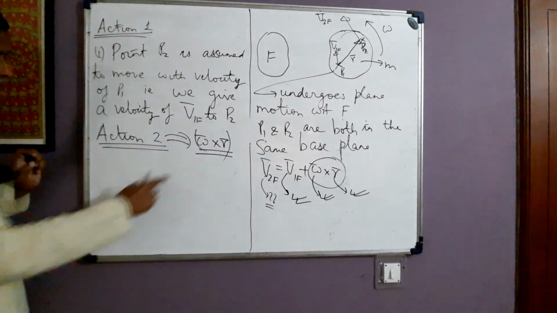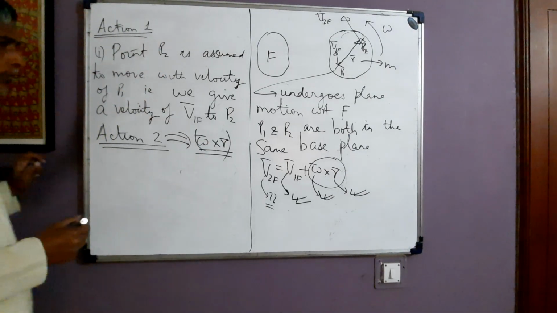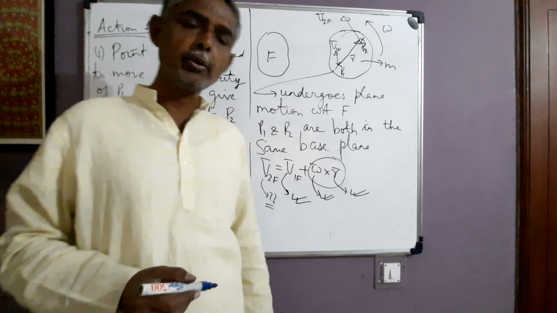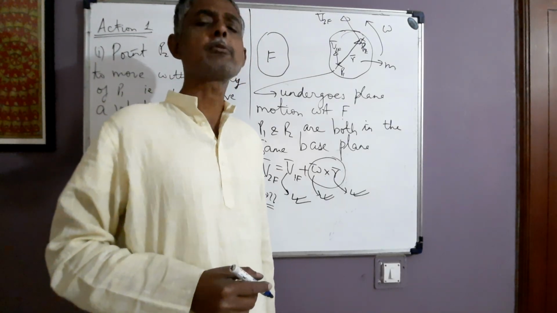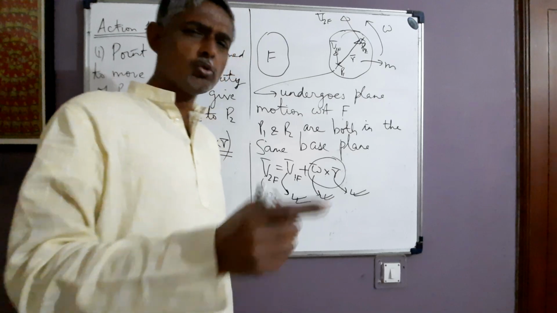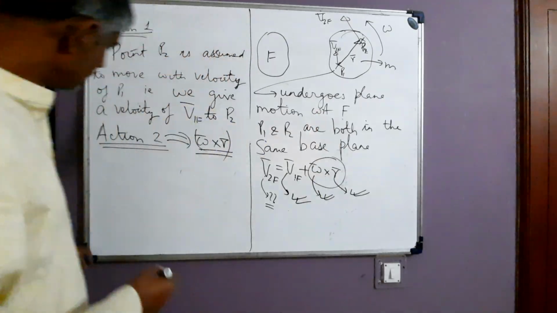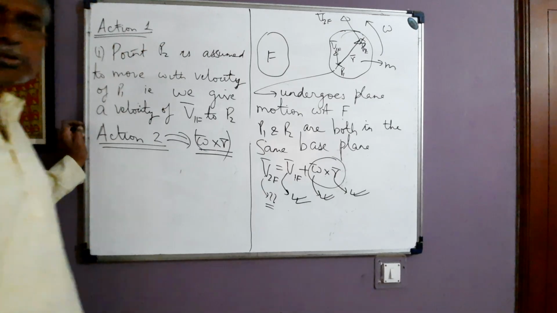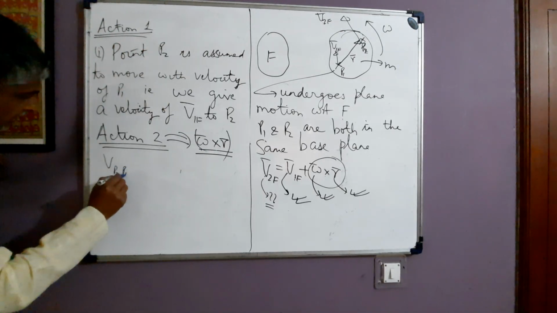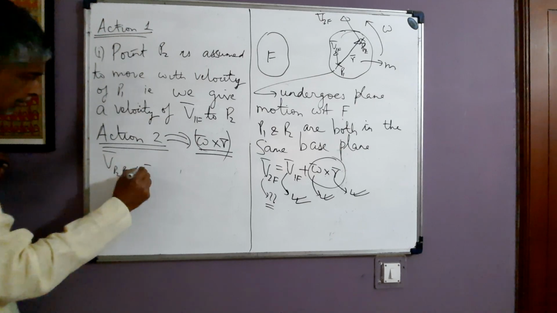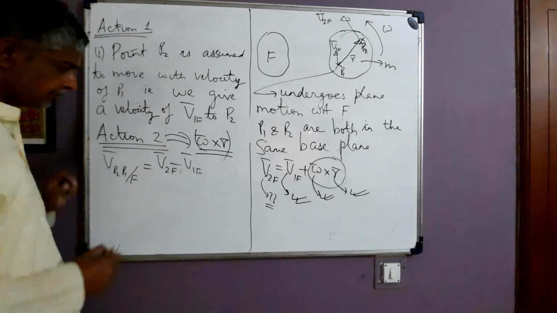We can evaluate this term in a much easier way. First of all, we must know the concept of relative velocity between two points in a given frame F. It was discussed in great detail in the videos on relative velocity. We know from the theory of relative velocity that the relative velocity of P2 with respect to P1 in frame F is equal to V2F minus V1F.